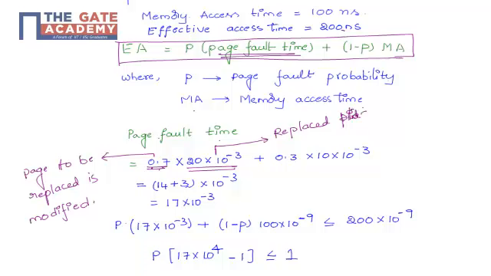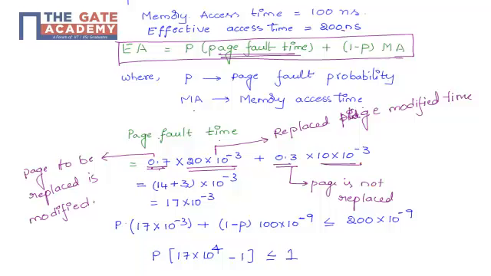Replaced page modified time. And this 0.3 is nothing but the page is not modified. And this 10 into 10 power minus 3, which is nothing but 10 nanoseconds, is the time.